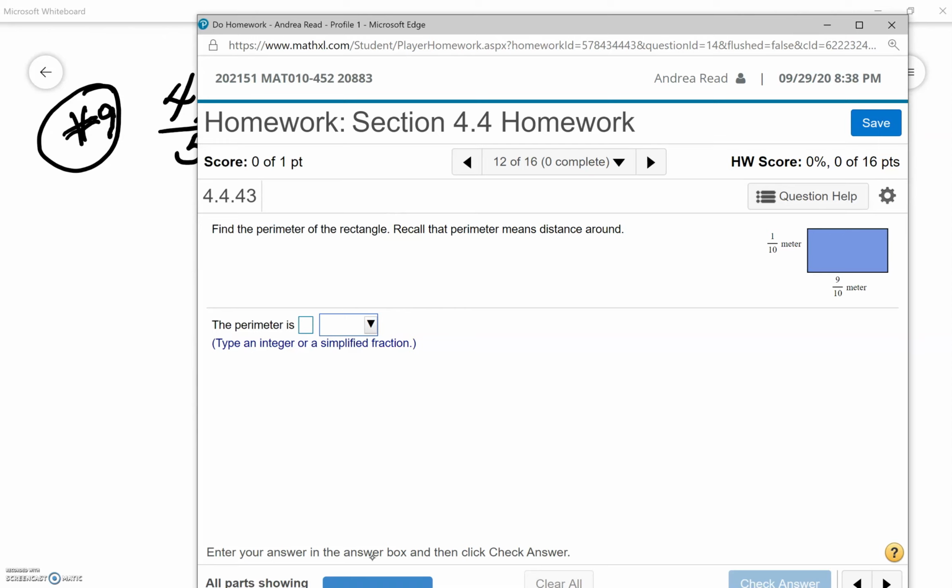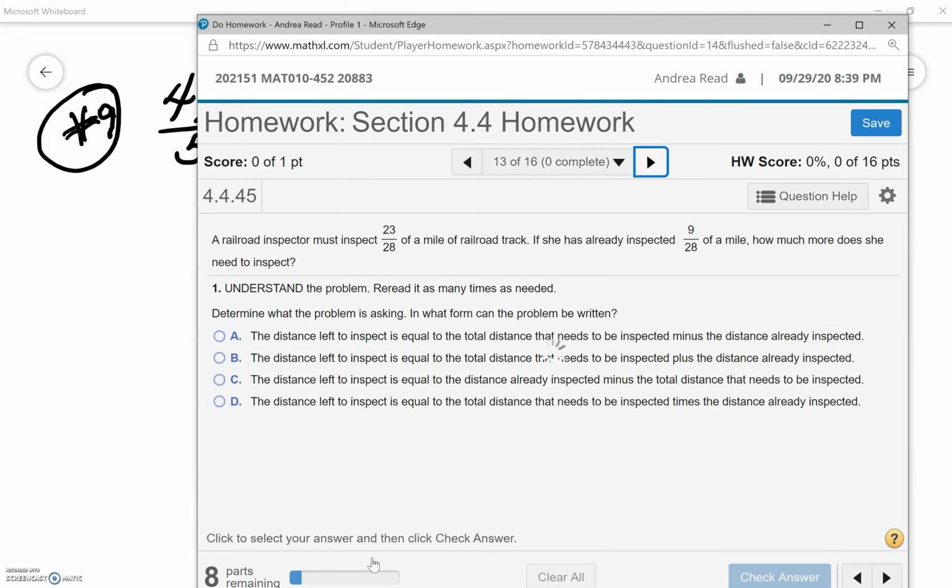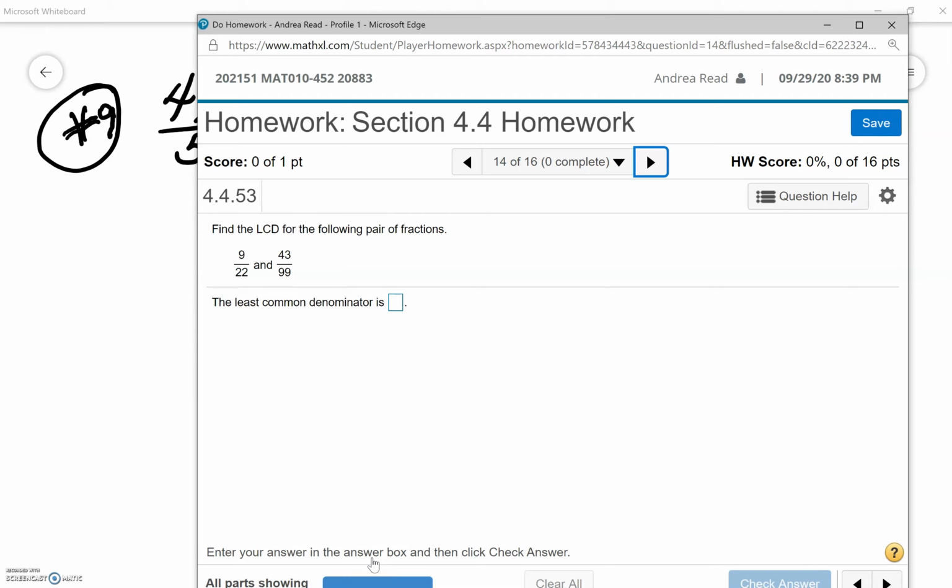The left and right are the same measurement, they're both 1/10, and the top and the bottom are both 9/10. So you're going to have 4 fractions to add up. I don't know why they just eliminated two, just to be a little tricky. So just know you're going to have 1/10 plus 1/10 plus 9/10 plus 9/10. Okay, so that one's been eliminated.